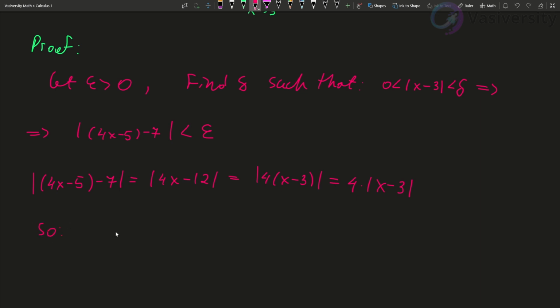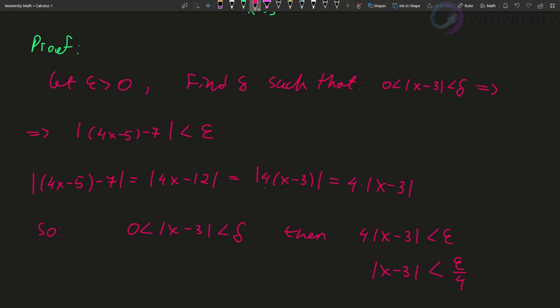So we'll say that if 0 is less than absolute value of x minus 3 less than delta, then we're going to have 4 times absolute value of x minus 3 less than epsilon. Solving for this expression, absolute value of x minus 3 has to be less than epsilon over 4.